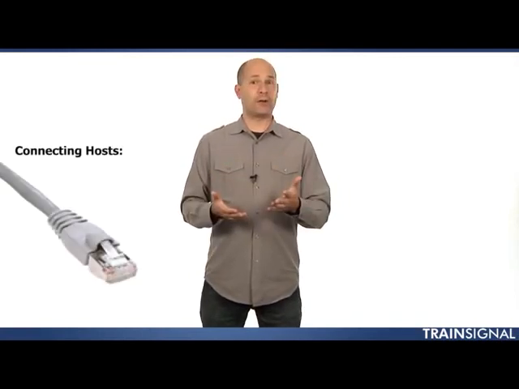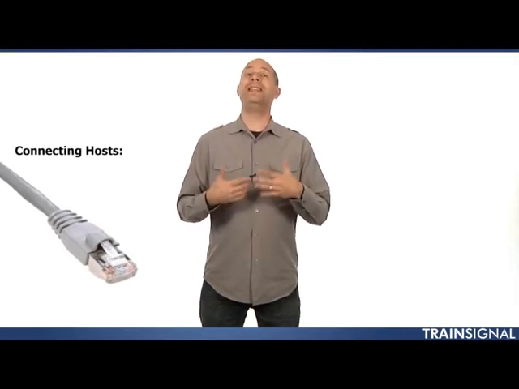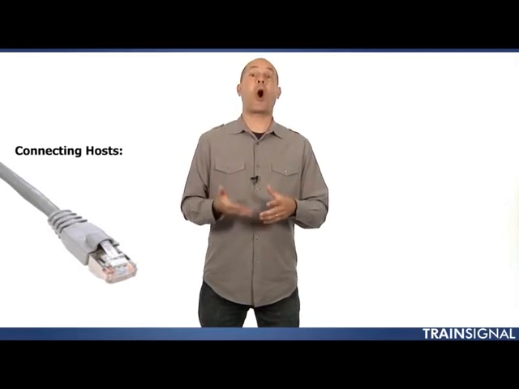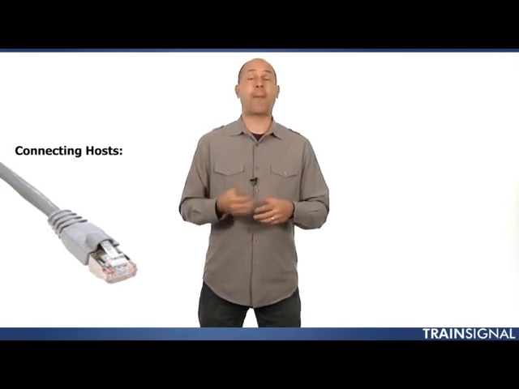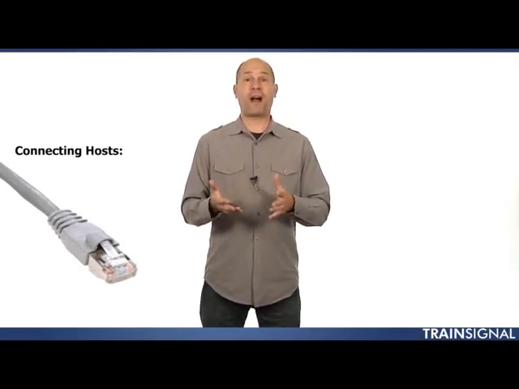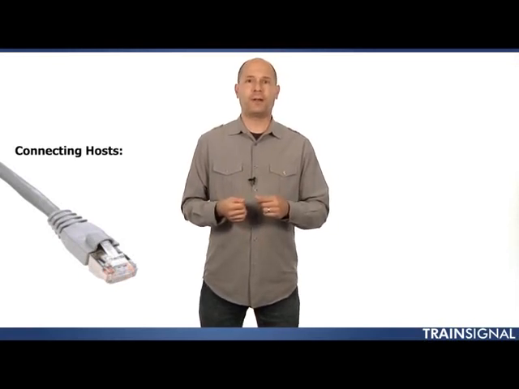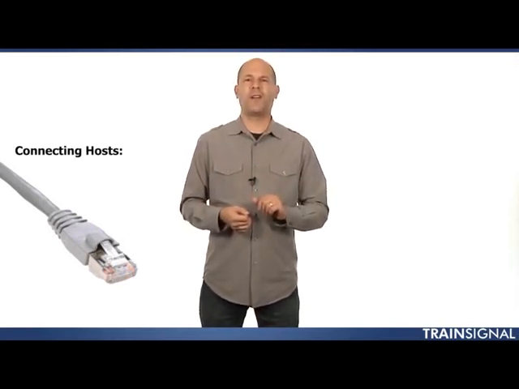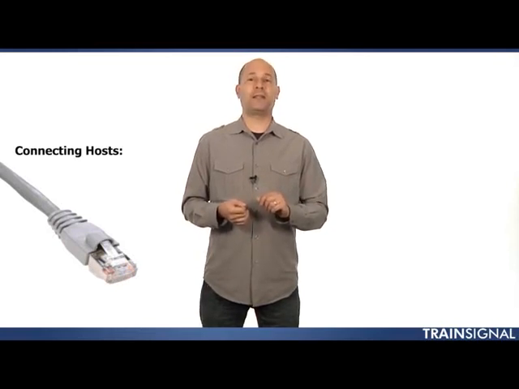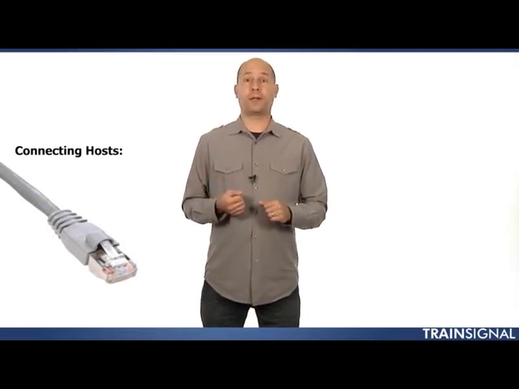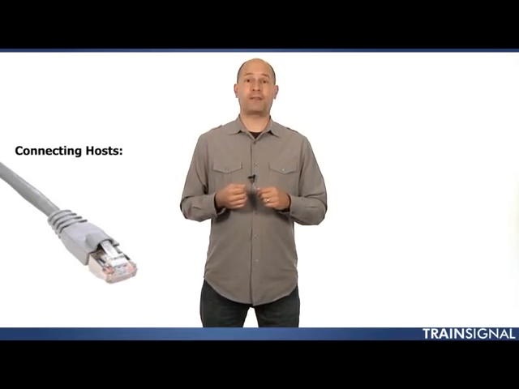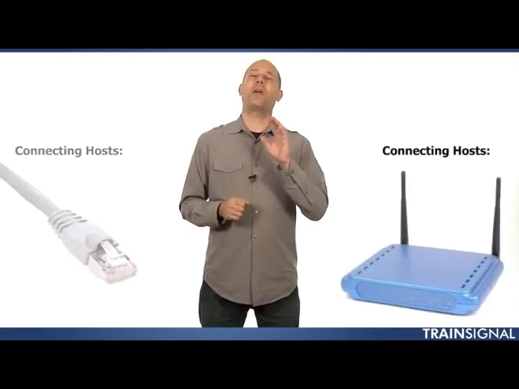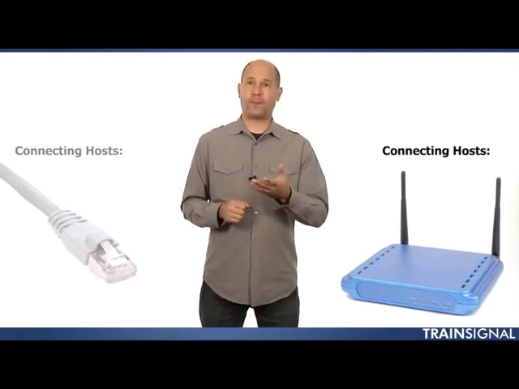But just real quick, to give you an idea of what I'm talking about, I have here one of the most typical network cables that is used in today's, well, at least office networks. It happens to be a Cat5 twisted pair cable. Some people call it an Ethernet cable. I don't want to get into the details of that right now, but here's a cable. That's the obvious. But what I also have over here is a wireless router.